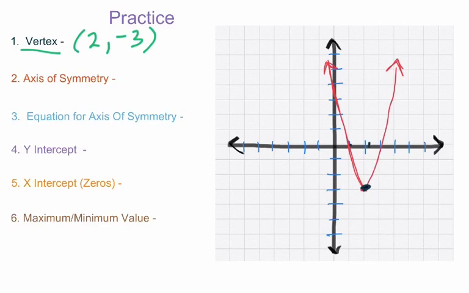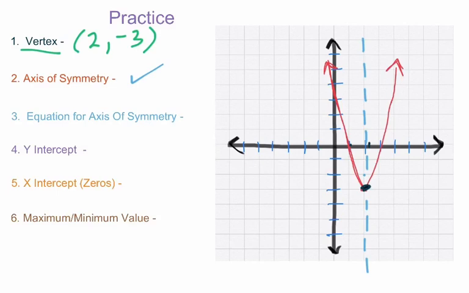Axis of symmetry. Well, axis of symmetry, I'll come in with our blue dashes. And remember, we're going to go all the way down this x spot, all the way through the vertex. Try to make it as straight as you can, a little straighter than I did. And we basically marked the axis of symmetry, which is good. How about the equation for the axis of symmetry?